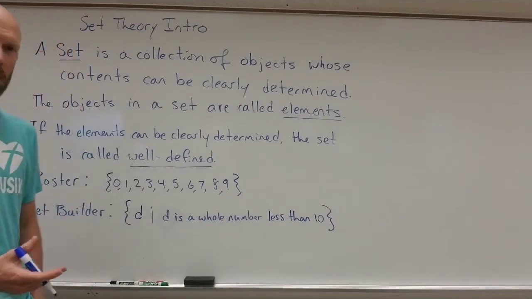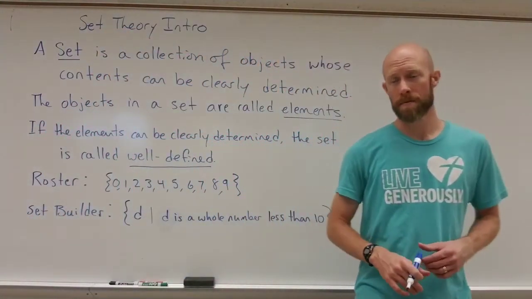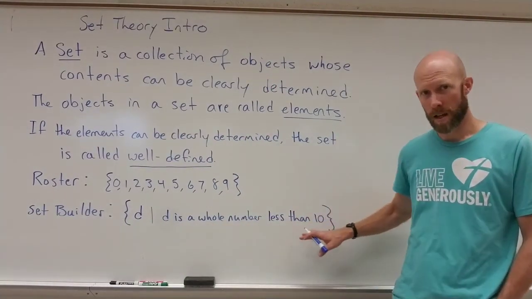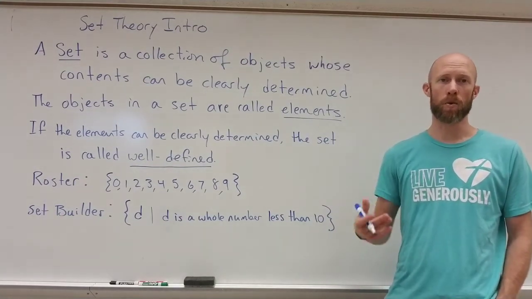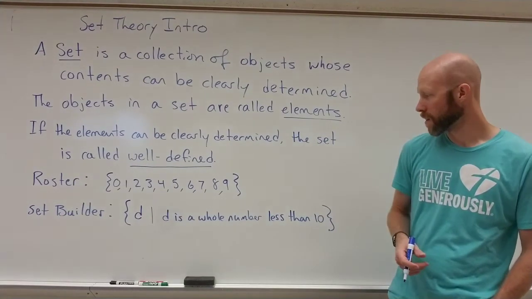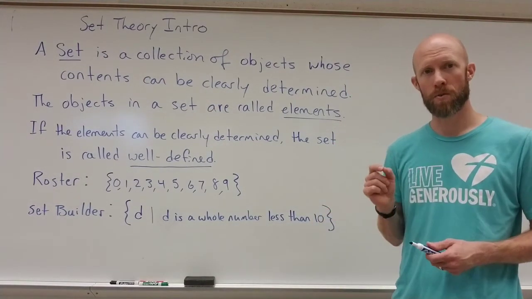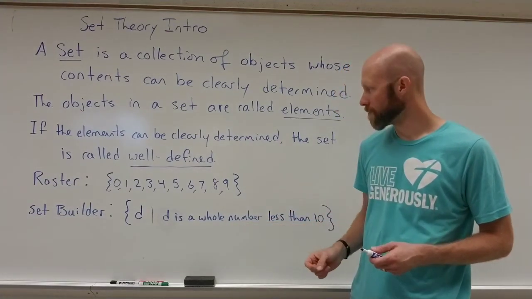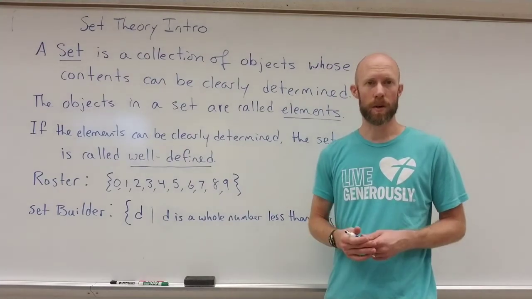Or you could say maybe a single digit whole number. There's a variety of ways you could define that. So it doesn't have to be a particular way to define it, but it has to be equivalent. As long as you can very specifically define every number in that set, then you have a well-defined set.